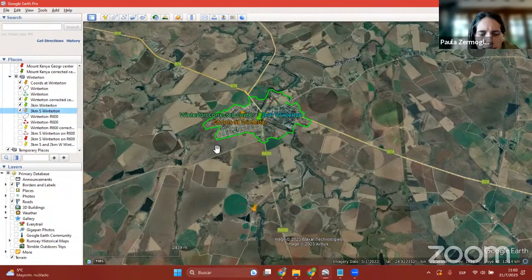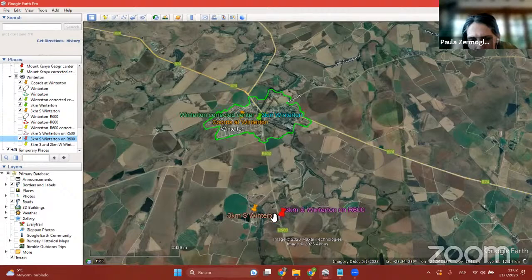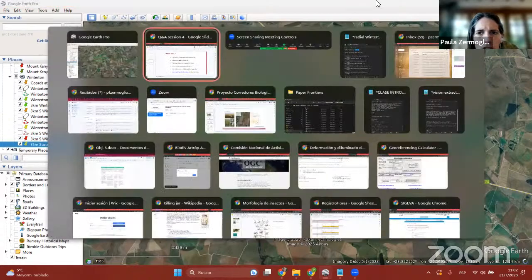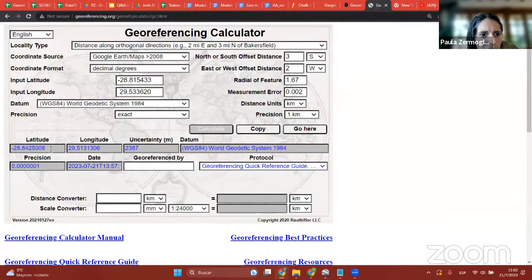3 kilometers south of Winterton. The calculator gives us here the coordinates, and see that it's straight south from the corrected center. Then we have 3 kilometers south on this route. And the final one, which I'm not sure I showed you here, but when we calculated, these coordinates were different, right?